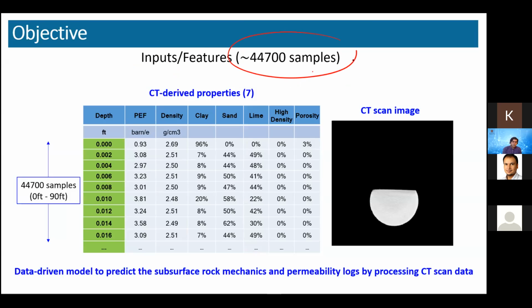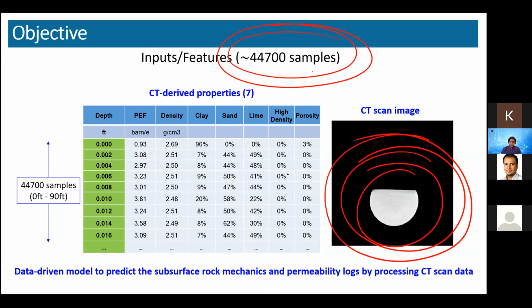Because we measured on the surface, we had 44,700 samples on the surface. We have all these CT scans that you see here. Because these whole cores are slabbed, you divide the whole core into three-fourth and one-fourth section.